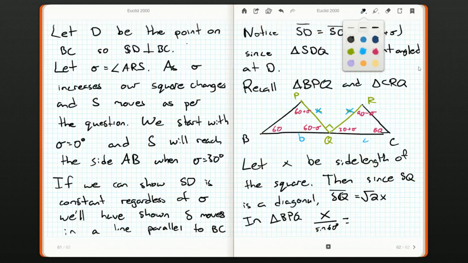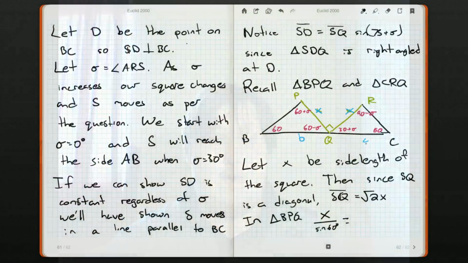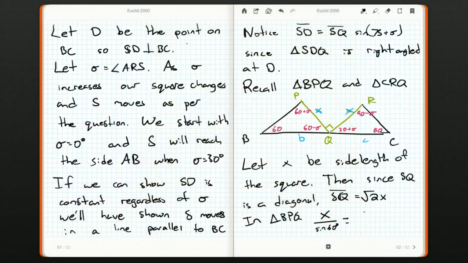The reason I'm going after these lengths is because they add up to a constant value. I know what that value is. I was told in the question that the side length BC is 2. So little b plus little c should be 2. Okay? So little b over, and now we're at sine 60 plus sigma.